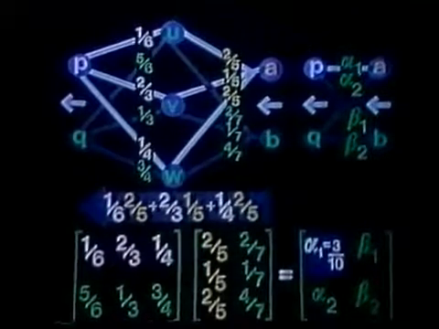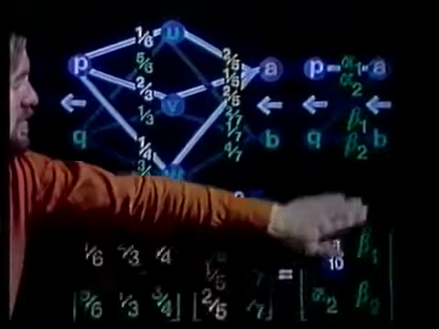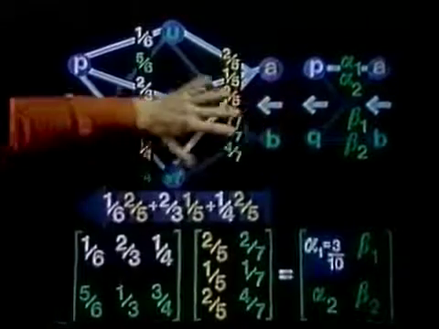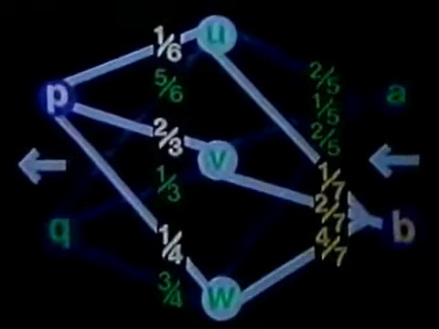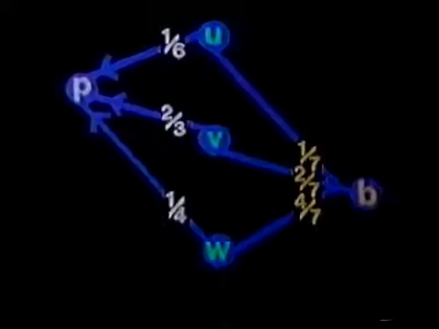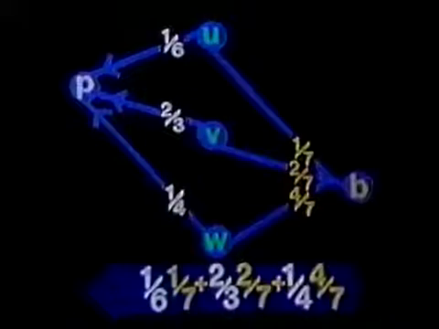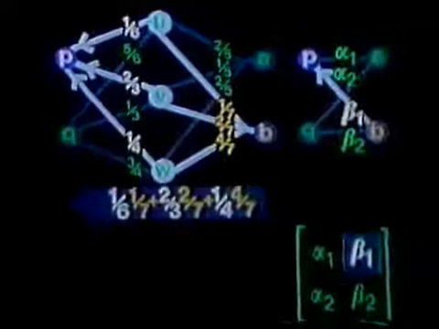Let's look at beta 1. Beta 1 is the proportion of B that flows towards P. So we need to look at paths from B to P. As before, network arithmetic tells us the proportion of B flowing to P. So that's the value of beta 1.